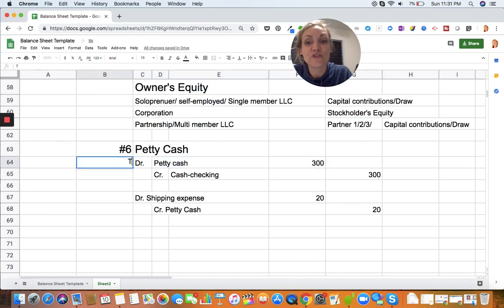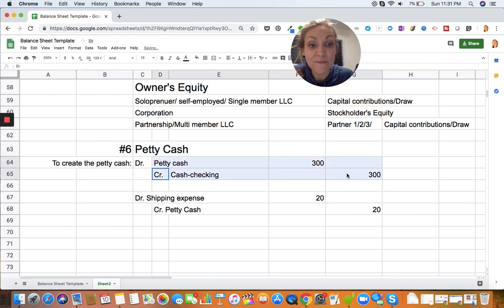This entry is to create the petty cash account. You take the money out of a checking account and you debit petty cash. And petty cash is just cash that the business has on hand in an envelope or a safe so that they can easily buy small things. They keep those receipts and give those receipts to the bookkeeper.